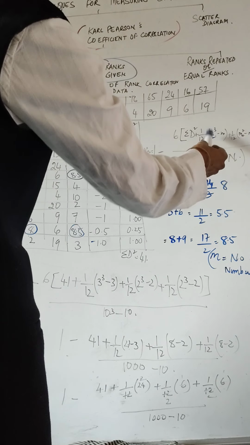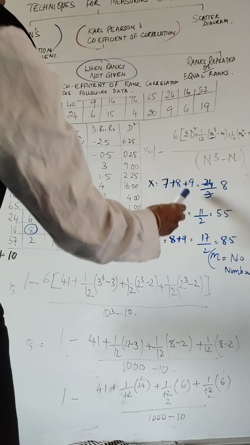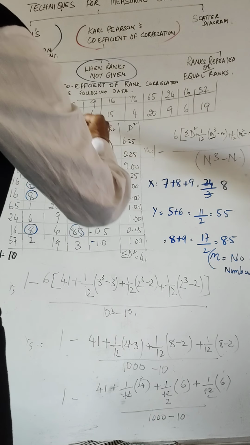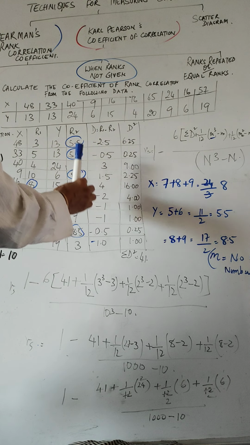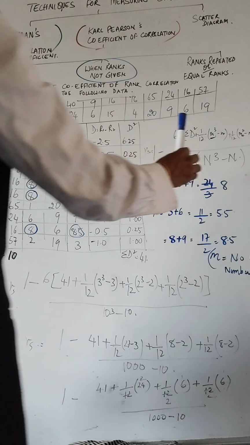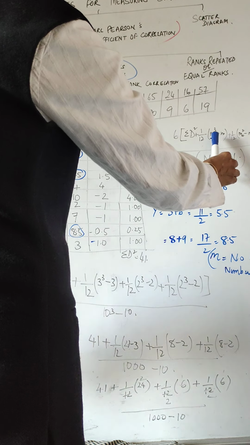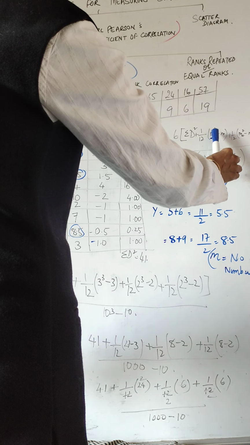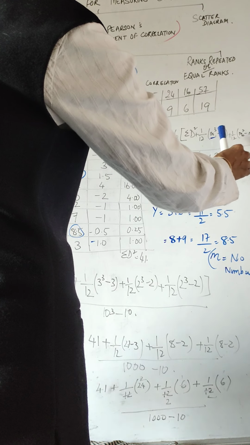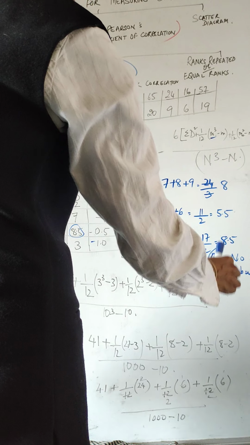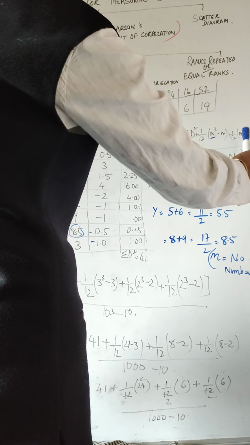In the entire set of variables, the x series and the y series, in the x series we have a number, 16, which has been repeated thrice. So we put it as m cube minus m. So write thrice: 3 cube minus 3.